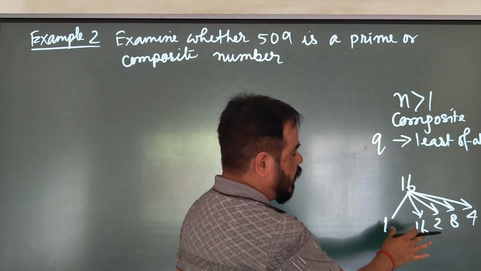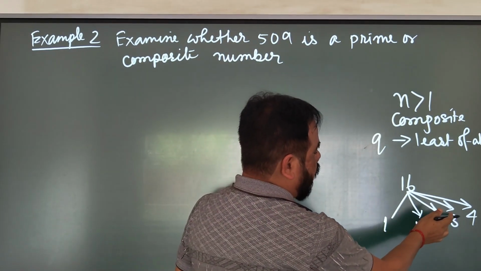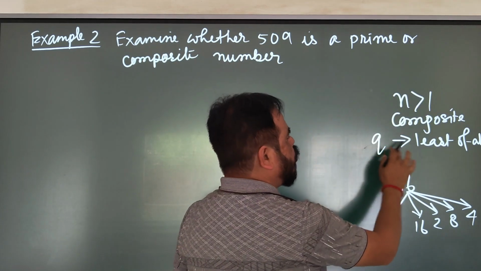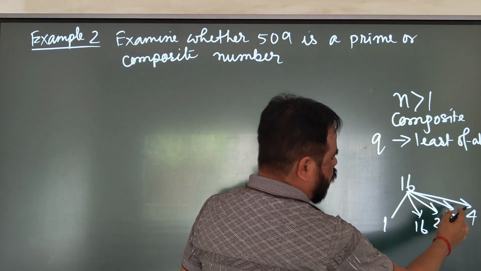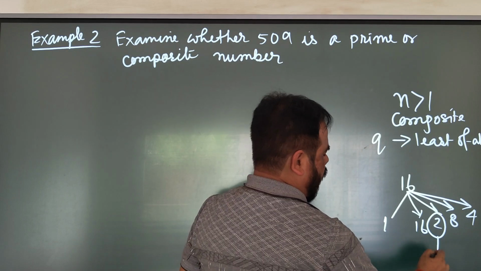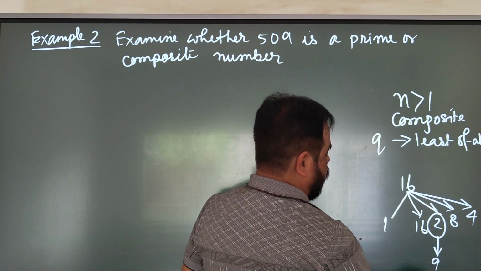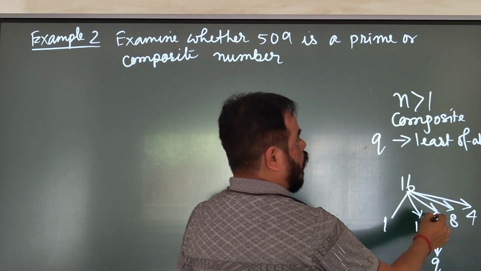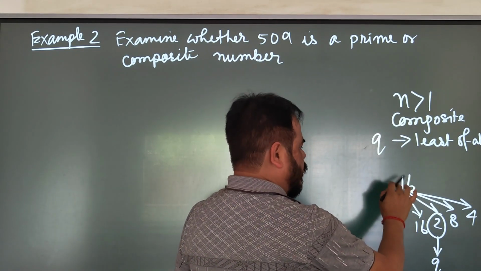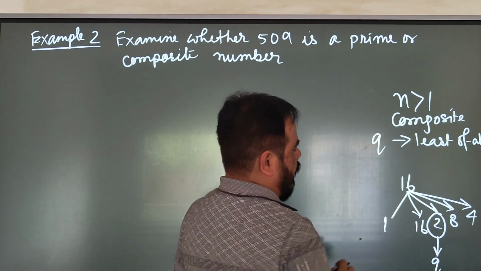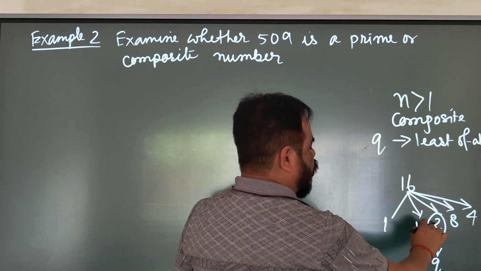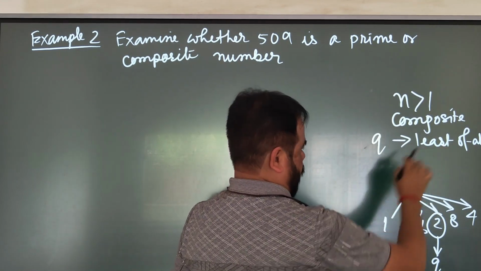These are all divisors, because by all these numbers we can divide 16. So here we have written q. 16 is a composite number. Among all these divisors, 2 is the least of all.